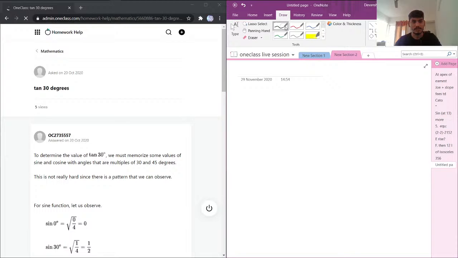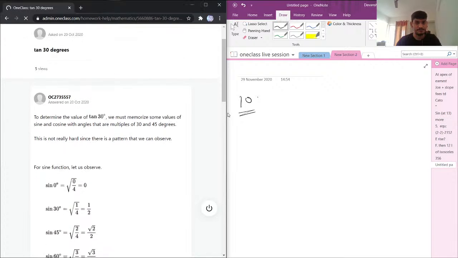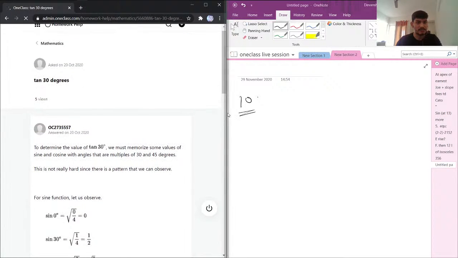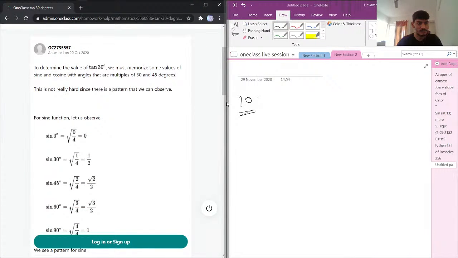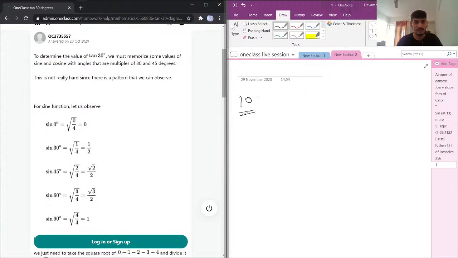This is question number 10. Tangent of 30 degrees. So we need to calculate the tangent of 30 degrees. So how has this been done? To determine the value of tangent of 30, we must memorize some values of sine and cosine for angles that are multiples of 30 and 45.